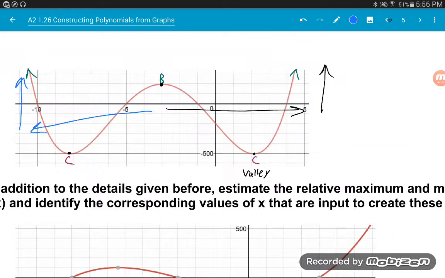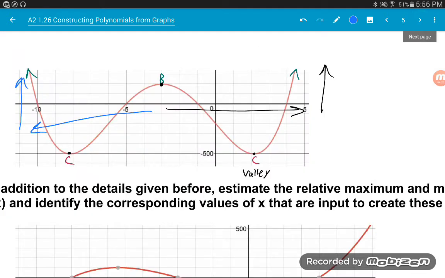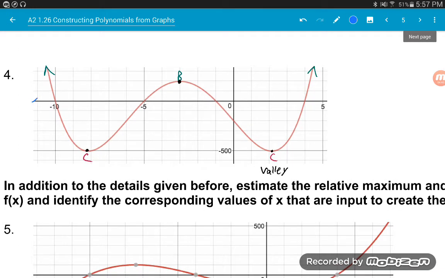Parts F and G are what is the domain and what is the range. So the domain is asking for what x values is this function represented. Basically, what part of the x-axis, this infinite horizontal line, is covered by the function? The function goes infinitely to the left and infinitely to the right.